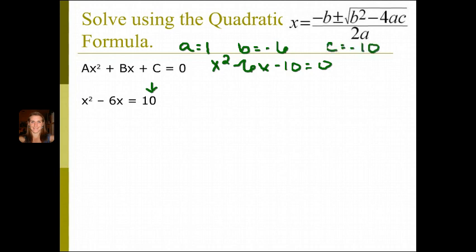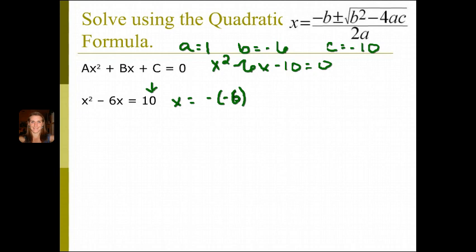We need to plug that into our quadratic equation. X equals negative b. Now, that's a 6 right there. Remember that you cannot eliminate that second negative sign because b is a negative. Okay?